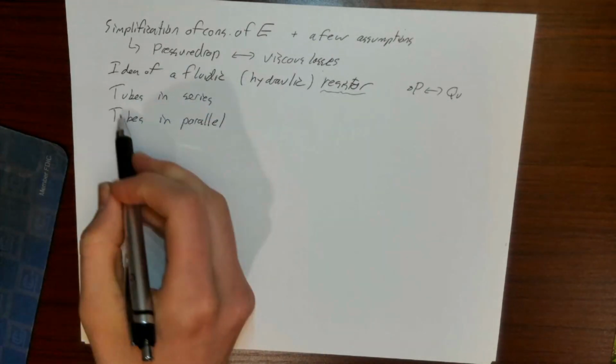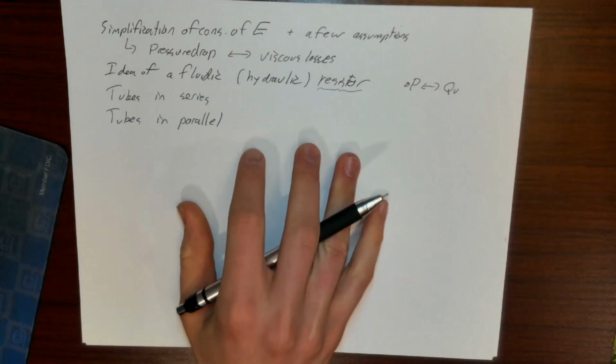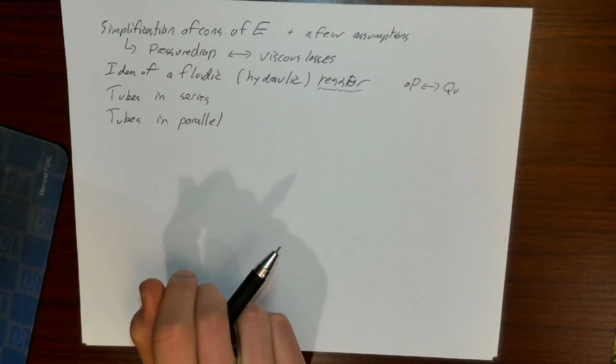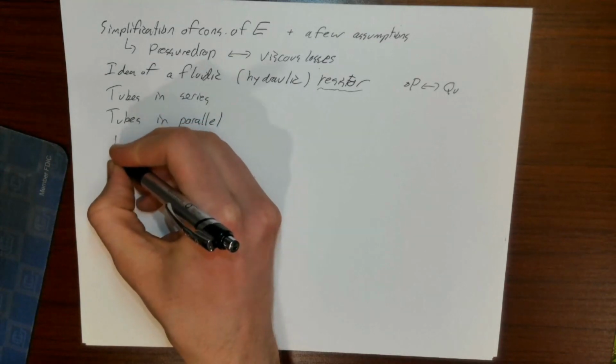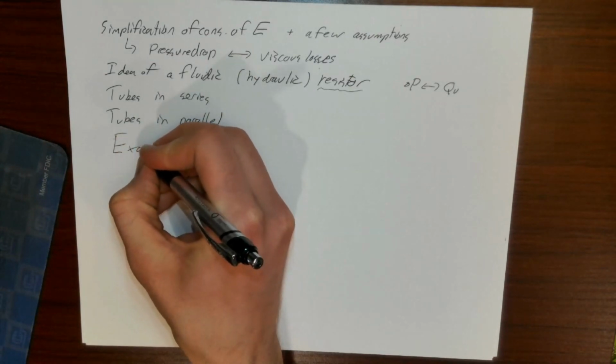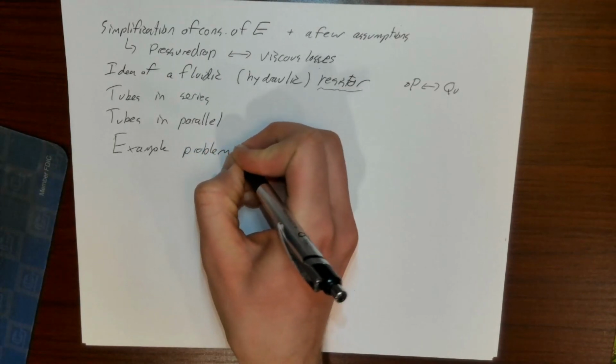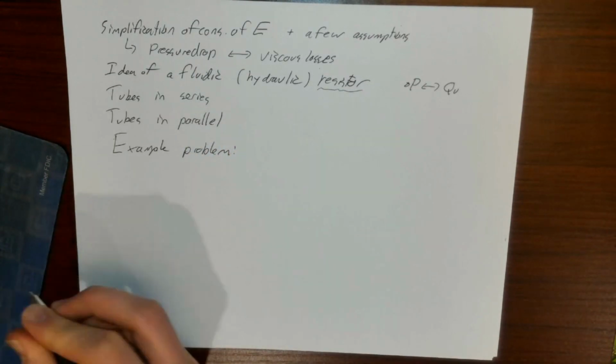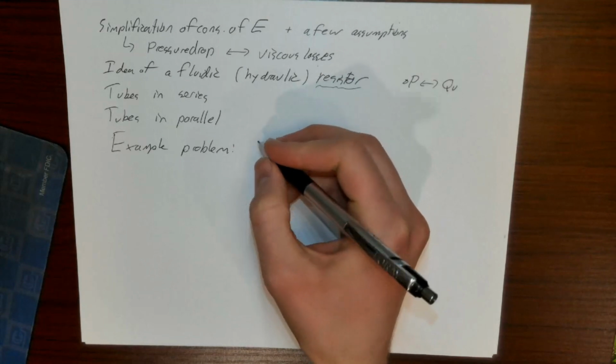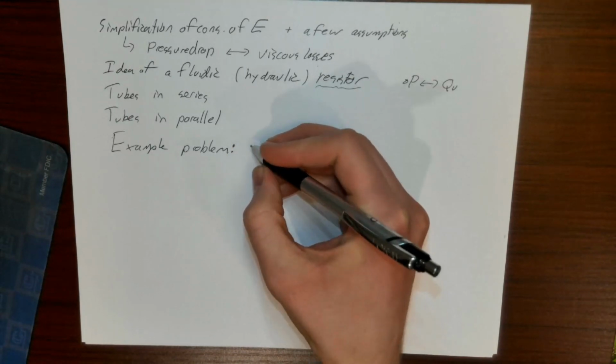And once we set up this framework for the fluidic resistor analogy, we'll work through an example problem that involves fluidic resistors. And it's basically the design of a component in a bioreactor.